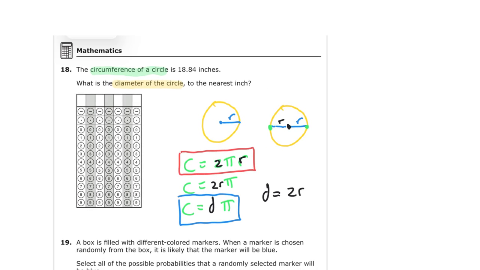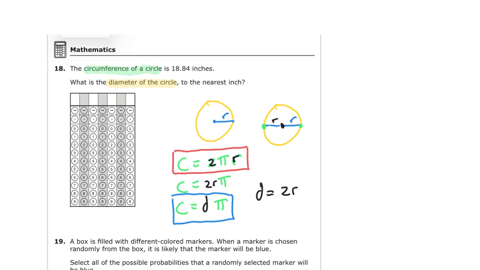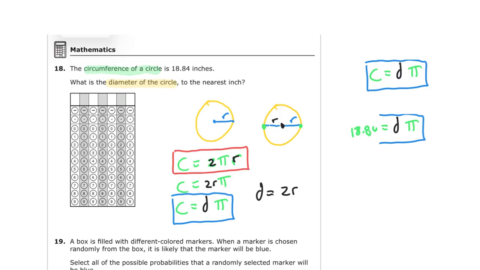Now, they said that the circumference is already 18.84, right? So couldn't we just rewrite this to say that? We could just say, oh, well, the circumference is 18.84. They told us that.